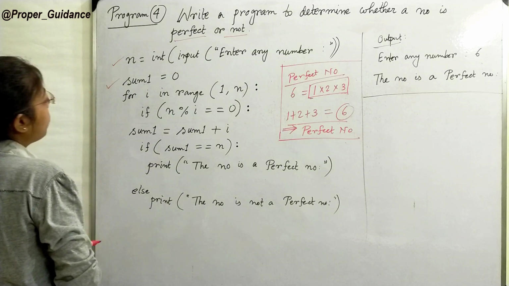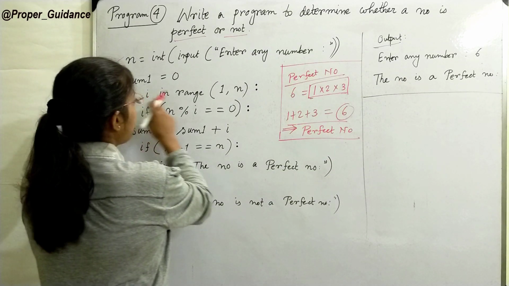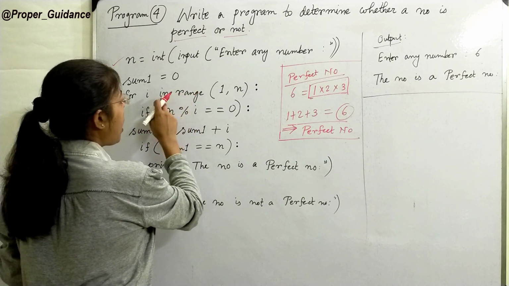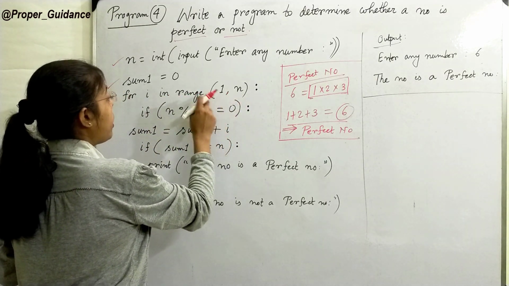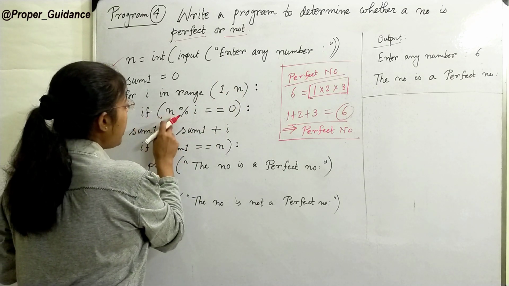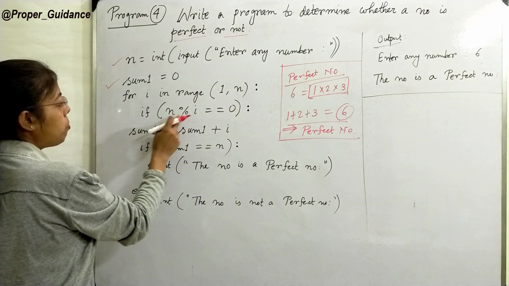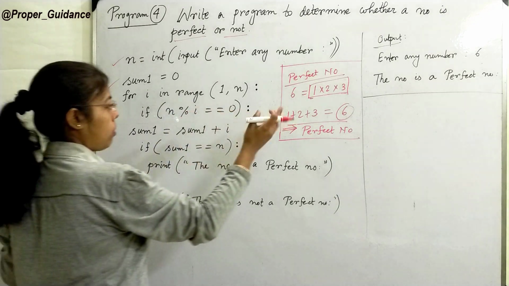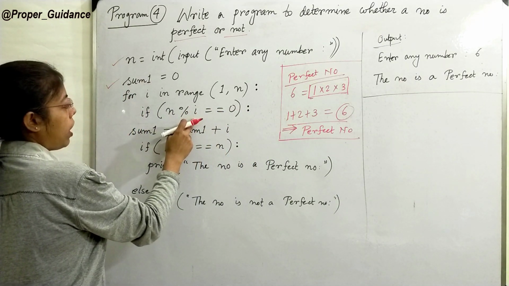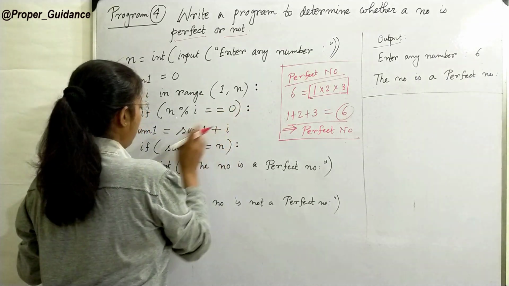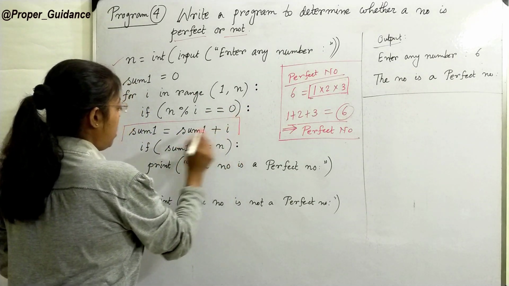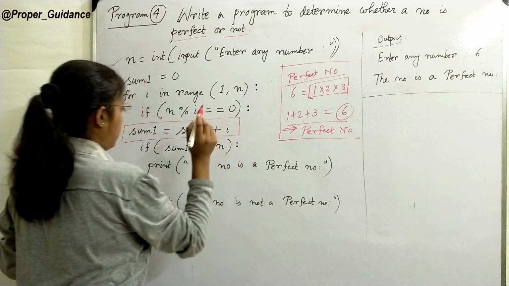Clear? Now, this is the for loop and this is the if statement. For i in range 1 to n, here 1 to n, if n modulus i. n modulus i means we will collect the factors. If n modulus i equals 0, sum1 equals sum1 plus i.